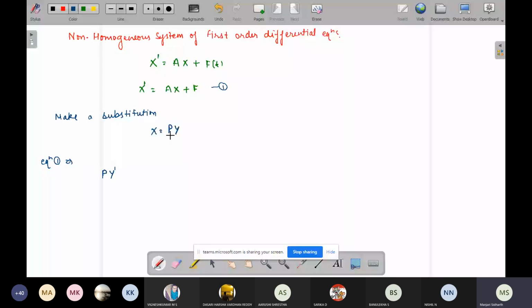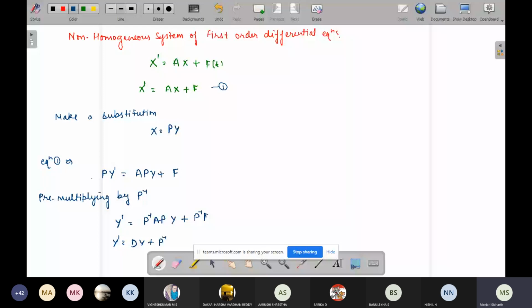So Py dash is equal to APy plus F. Now pre-multiplying by P inverse: P inverse P is the identity matrix, and with a column matrix we get the same matrix. So P inverse AP y plus P inverse F. So y dash is equal to Dy plus P inverse F.